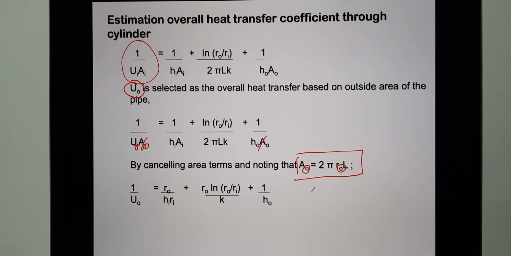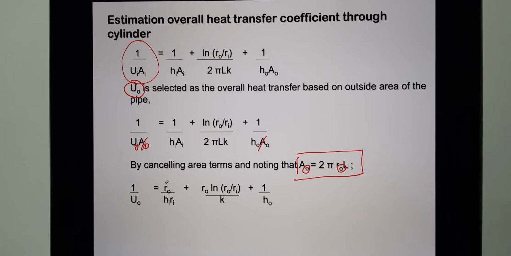When you have A_0, you cannot use 2πR_i L. This is wrong, because it is not the radius for the outer part of the area. So make sure that A_0 is in pair with R_0.